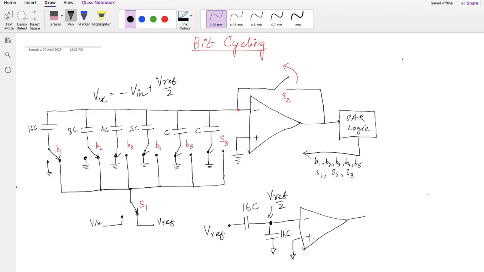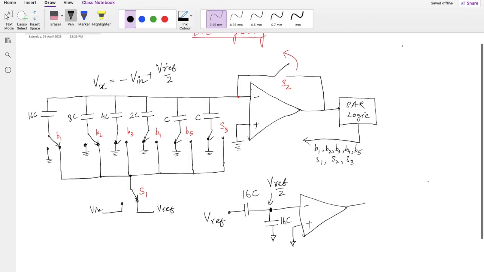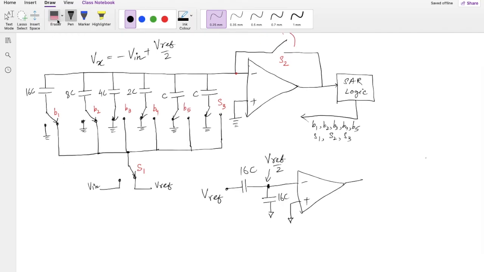Now as soon as this B2 is connected here, what will be the voltage here? The same thing can be applied here. Let's draw the equivalent circuit, then things will be more clear.